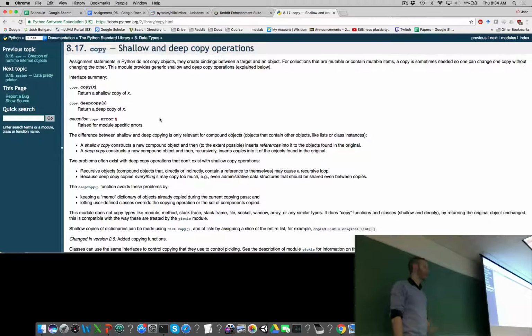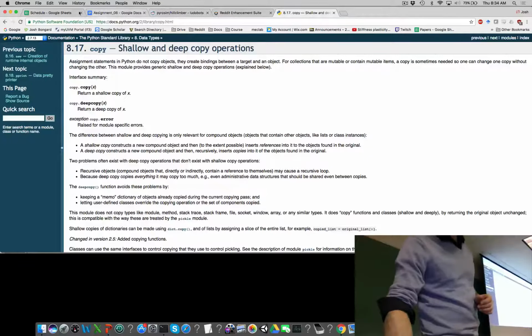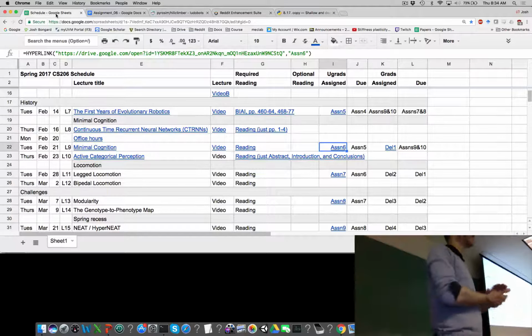So if you see that the genomes are the same after you've mutated just the child, go back and check your version of deep copy and make sure it's actually copying the values and not the references to these variables. Make sense? Okay, one student seemed to have this issue, which suggests there might be others. I'm not sure why the difference, but just check this. Okay, any other questions about the assignments?